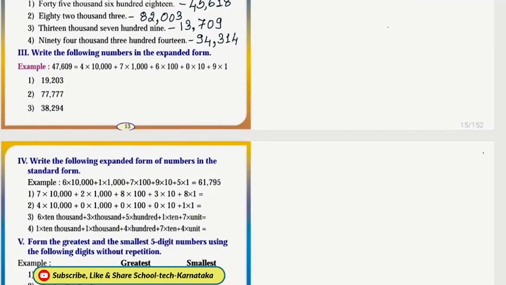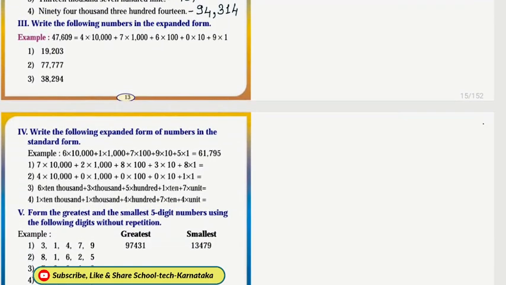Our third exercise is write the following numbers in the expanded form as shown here in the example. So we have 47,609 is written as 4 into 10,000, 7 into 1000, 6 into 100, 0 into 10 and 9 into 1, because we have at units place 9, at tens place 0, at hundreds place 6, at thousands place 7 and at 10,000s place 4.